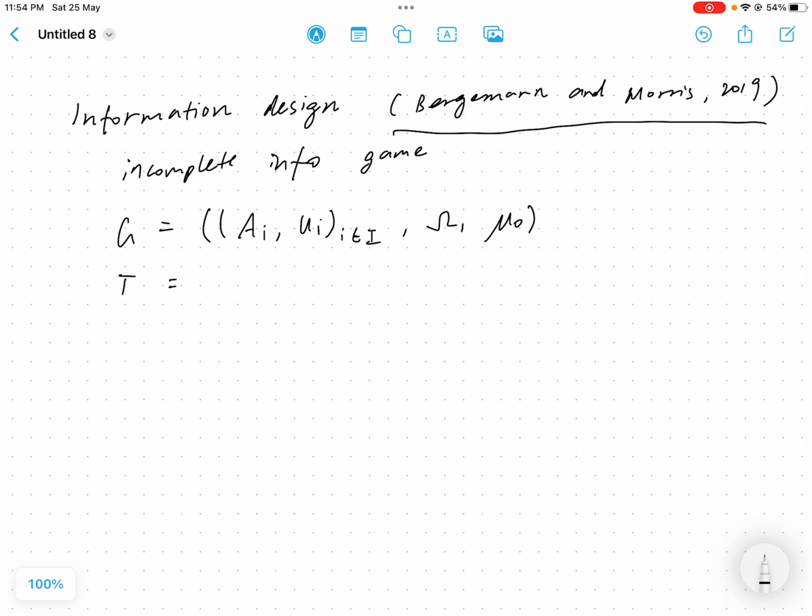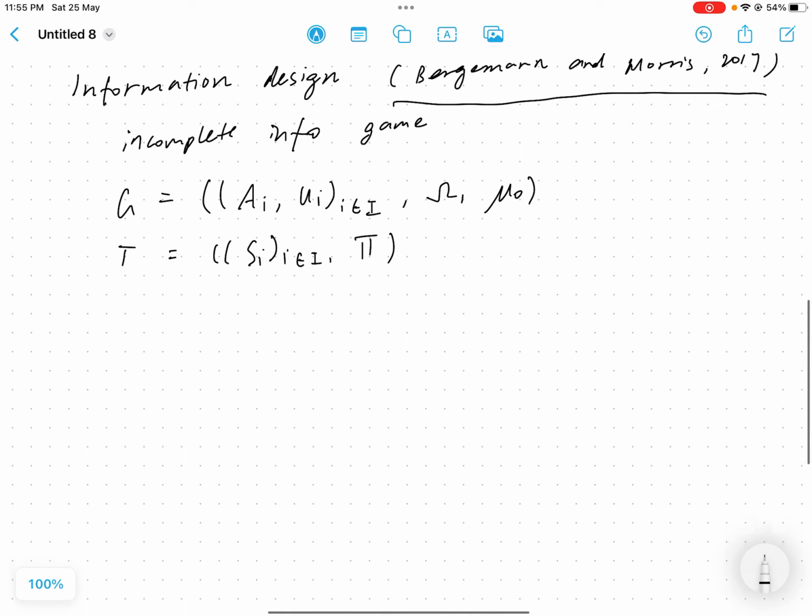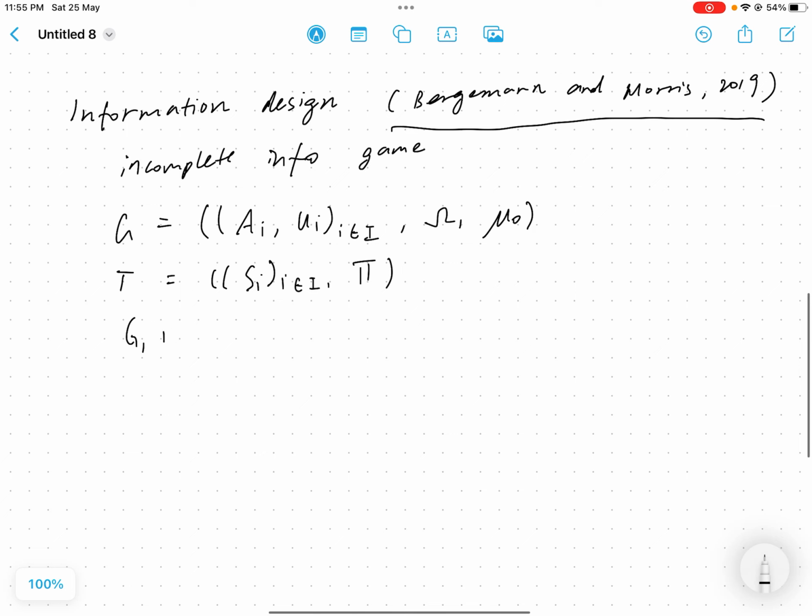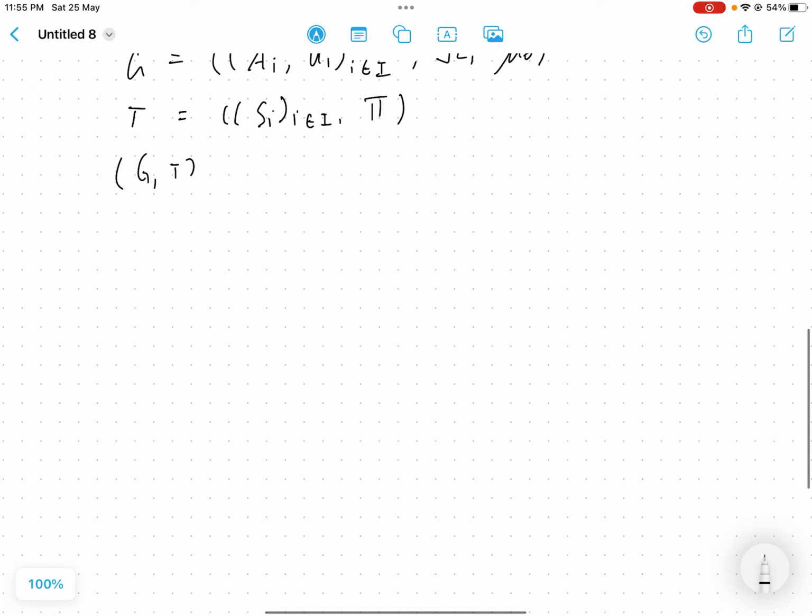The information structure includes the signal realization S_i, same for each i, and the signal itself, pi. So G and the information structure together define an incomplete information game, and this is something we already know from the last episode.